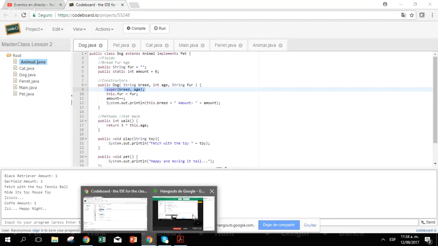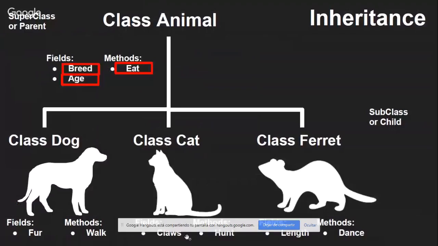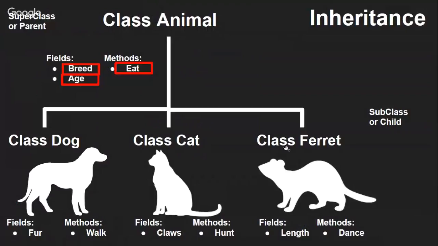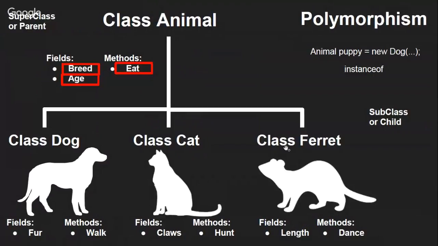Okay, now that we have a superclass animal and the subclasses dog and cat, we are going to talk about polymorphism. We use polymorphism when we are using a lot of subclasses, and we need to call methods and take some properties from them.